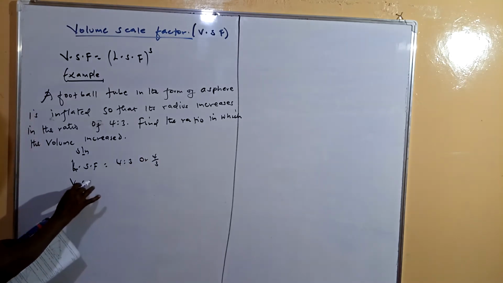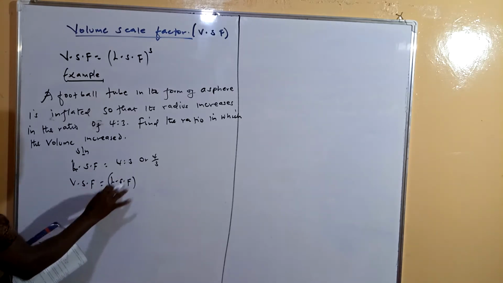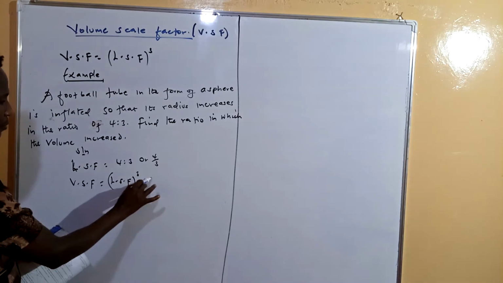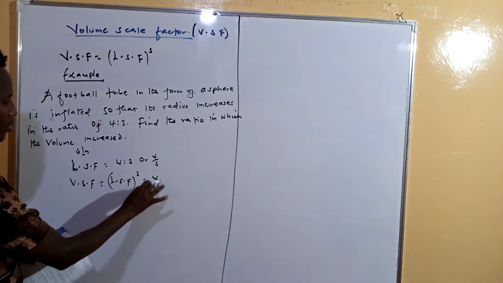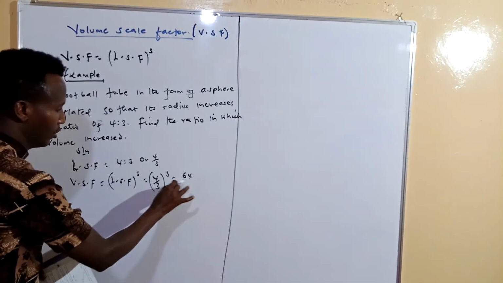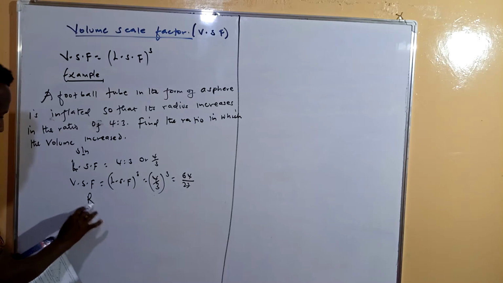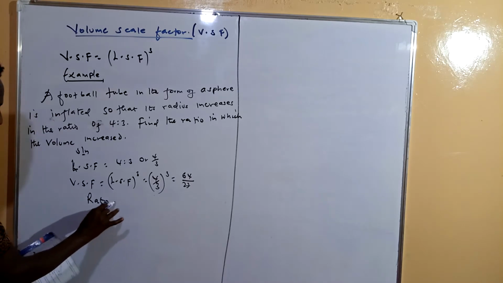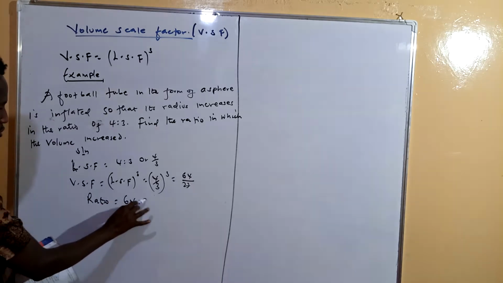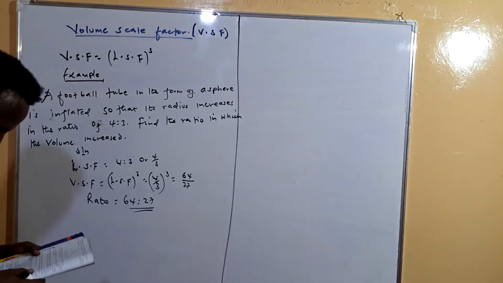Now we know that volume scale factor is equal to linear scale factor cubed, which can be written as 4 out of 3 cubed. 4 cubed is what? 64. 3 cubed is 27. So the ratio will be 64 to 27. That is the ratio of their volume.